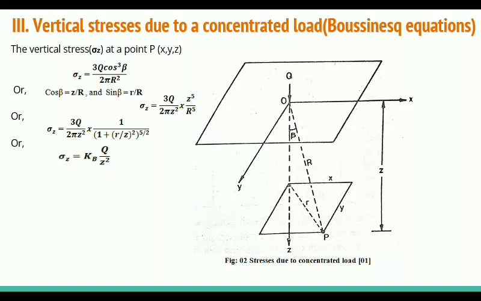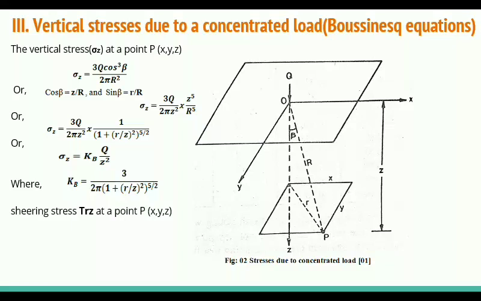So sigma z we can write as Kb into q by z square, where Kb is this value, and Kb is what we call the Boussinesq influence coefficient for the vertical stress. So we can write Kb is equal to this. So the vertical stress at the point P is sigma z equal to Kb q by z square.